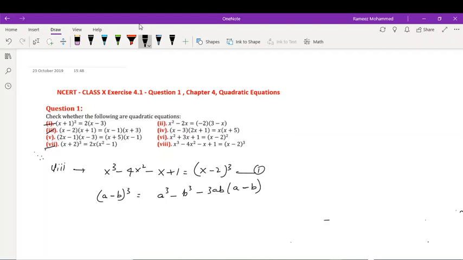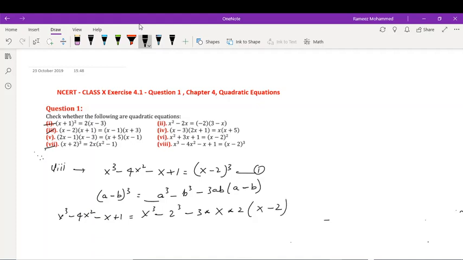So let me rewrite this equation. Assume that this is equation 1. So x cube minus 4x square minus x plus 1 is equal to x minus 2 whole cube. That is nothing but you can just use this formula to get that. That is x cube minus 2 cube minus 3 into x into 2 into x minus 2, where a is x and b is 2.